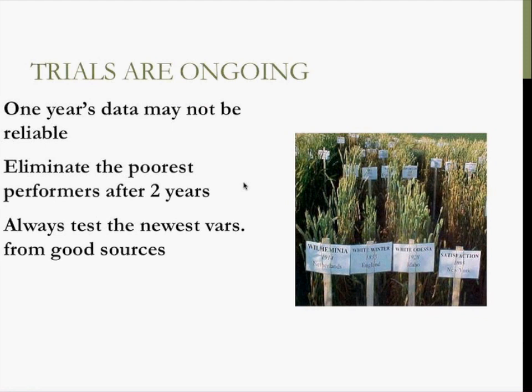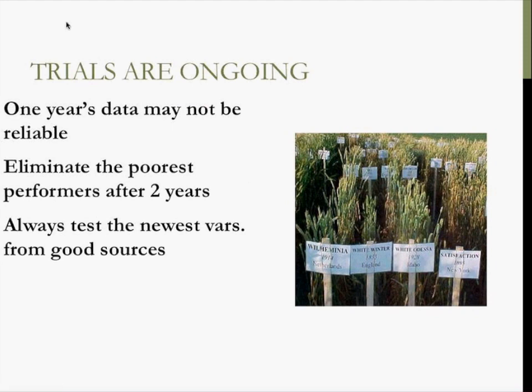But certainly, it makes sense to not put too much weight on a trial that you just did in one location in one year. So with that, I would like to wrap up and turn it over for questions.